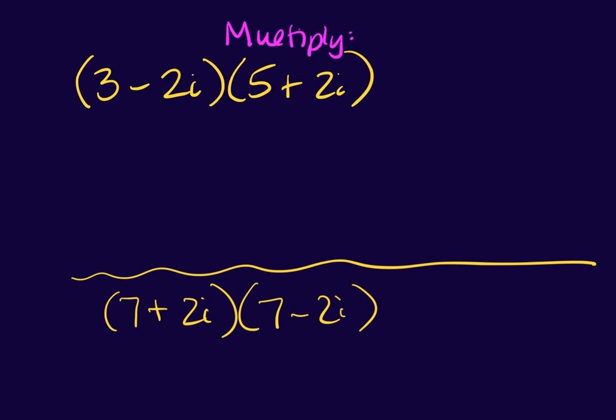Once everything's in terms of i's, we really treat i just like a variable, just like an x. So we would multiply out and FOIL here the same way we would if those were x's. So let's do that. We'd have 15 in the front, 6i in the back, minus 10i on the inner, and minus 4i squared in the last.